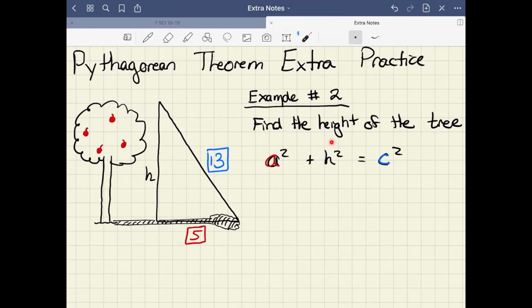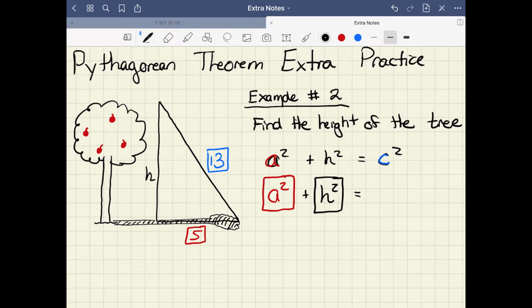And h squared and a squared are being added. For the sake of argument, let's put them in boxes. A squared is kind of its own thing. And we're adding to that h squared. I'm going to put that in a box. And that equals c squared. And we're going to put that in a box too. And so each box has a value.